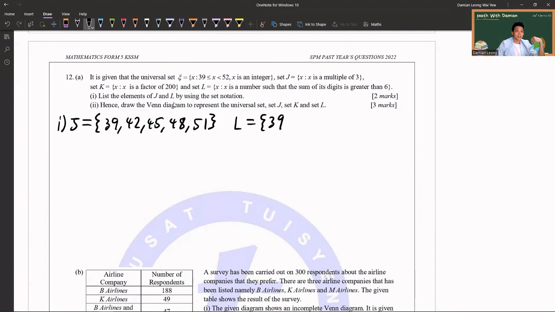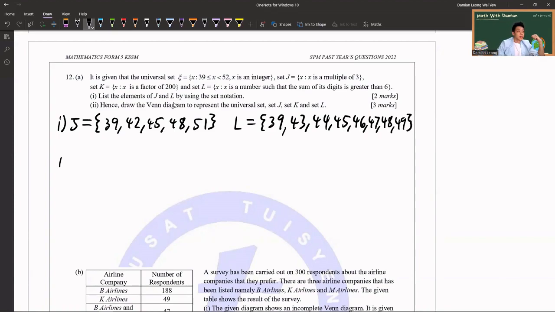So that's more than 6. But if I have say like 40, 4 plus 0 would be less than 6. 41 is not. 42 would add up to 6, which is not greater than 6 also. So 43, 44, 45, 46, 47, 48, 49. That's it. 50 and 51 don't add to a number greater than 6.